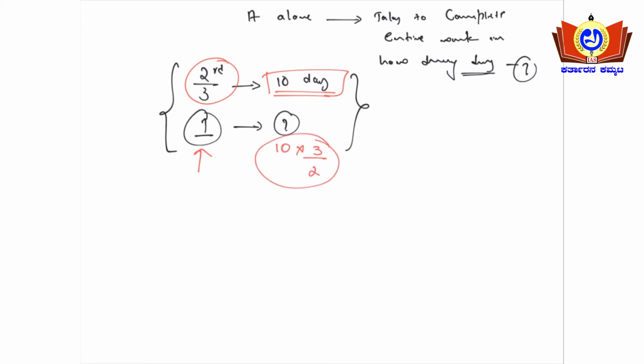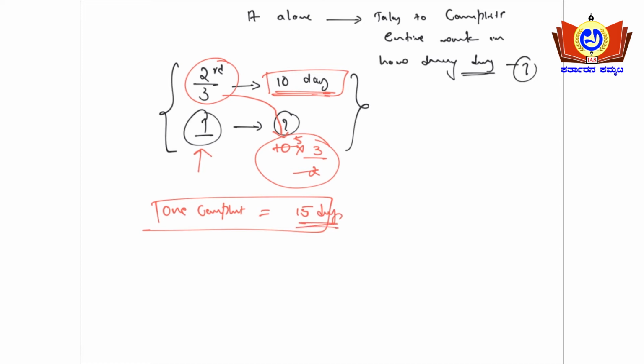For 10 days there is 2/3 amount of work, right? So 10 into 3/2, I will be getting it as 2 5s, so 5 3s 15. So one complete work will be completed by A in 15 days. This is as simple as that.